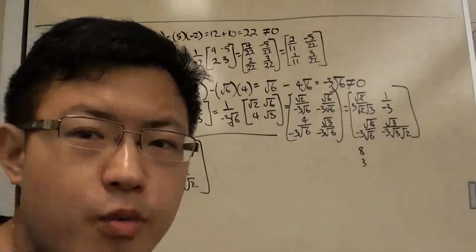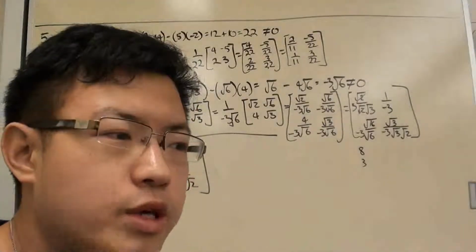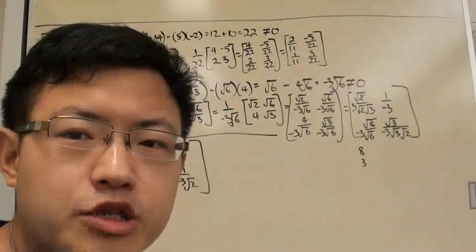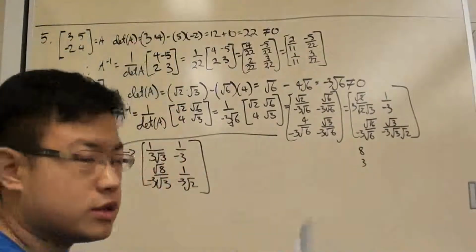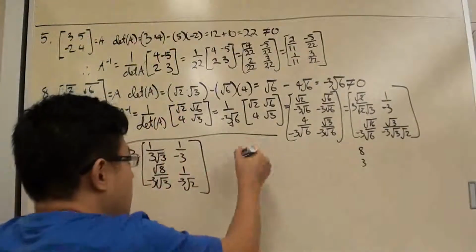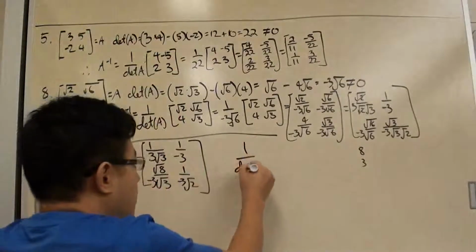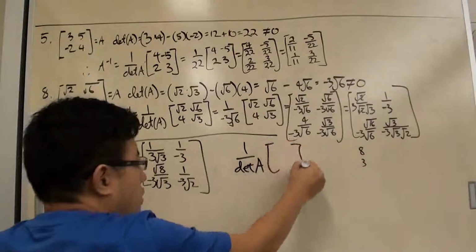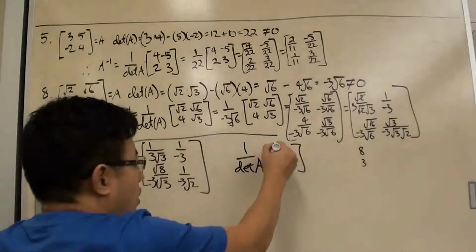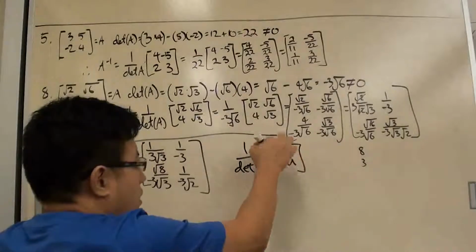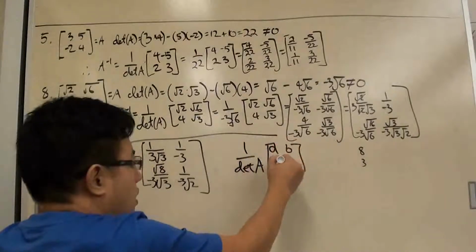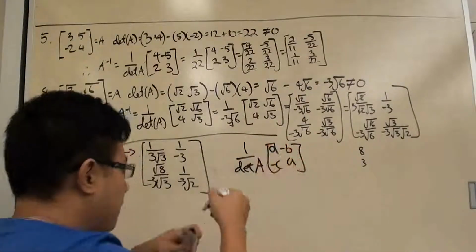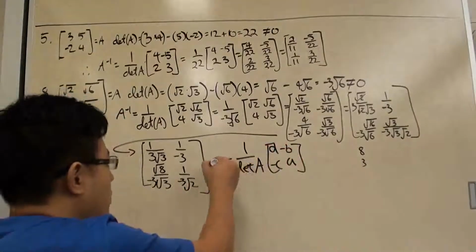Remember when we were dealing with the inverse formula for a 2 by 2 matrix, right? So I'll just write on here. It's going to be 1 over the determinant of whatever matrix, let's say A, times the matrix with D and A flipped, right? B and C aren't flipped, but they just have the sign flipped. So remember, that was the inverse.